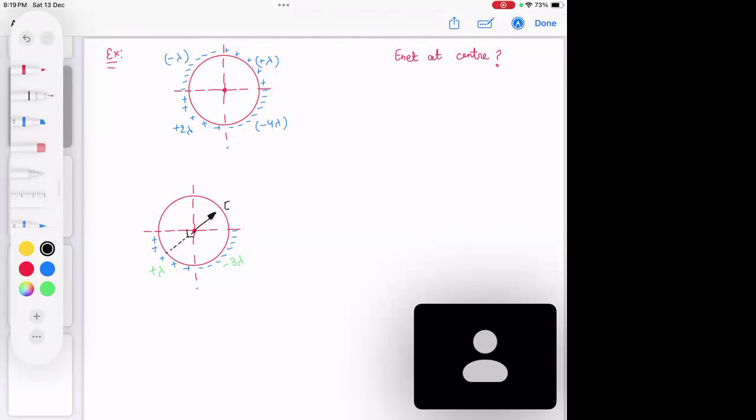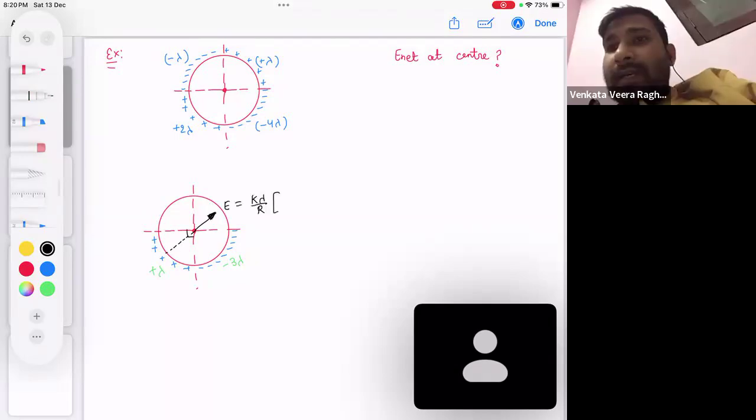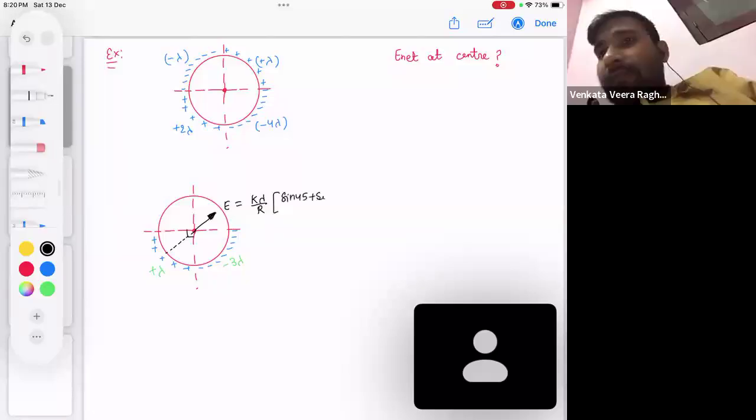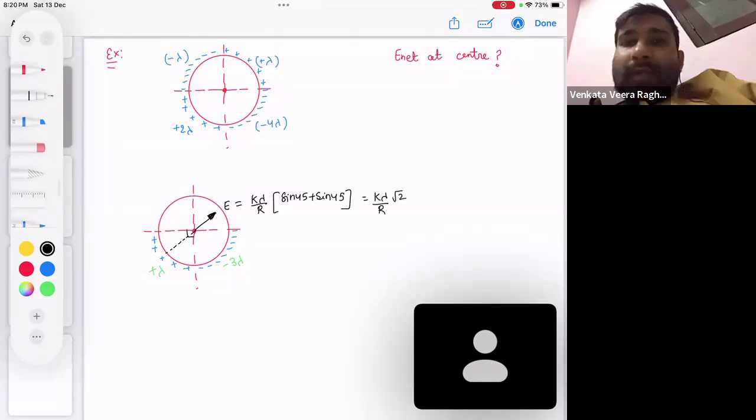Let's call it E. E is going to be K lambda by R, sine 45 plus sine 45. Please tell me, what is the angle? Half angle, the half angle made by the arc. Sine 45 plus sine 45: 1 by root 2 plus 1 by root 2, that is 2 by root 2. The root 2 we got, right?